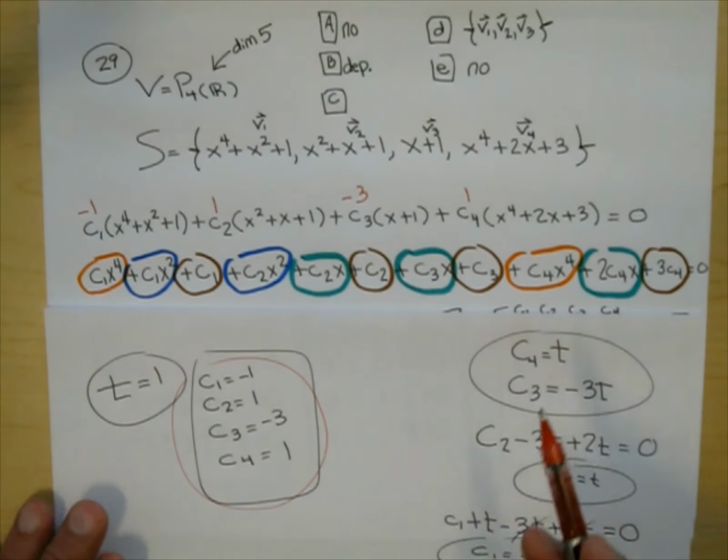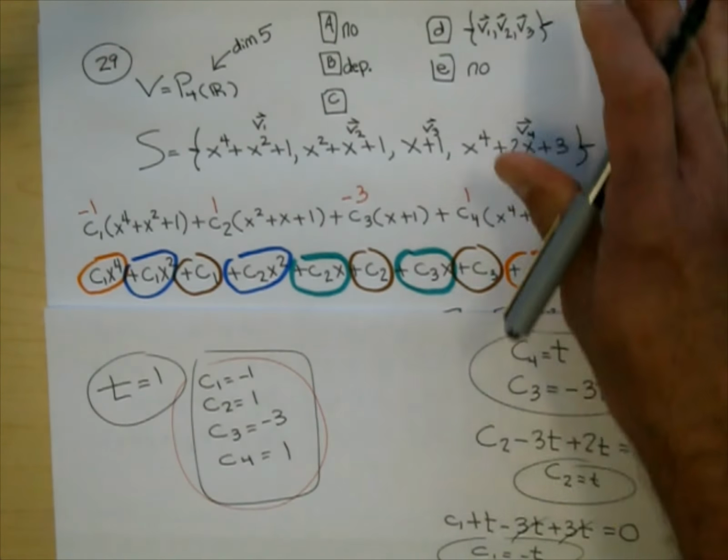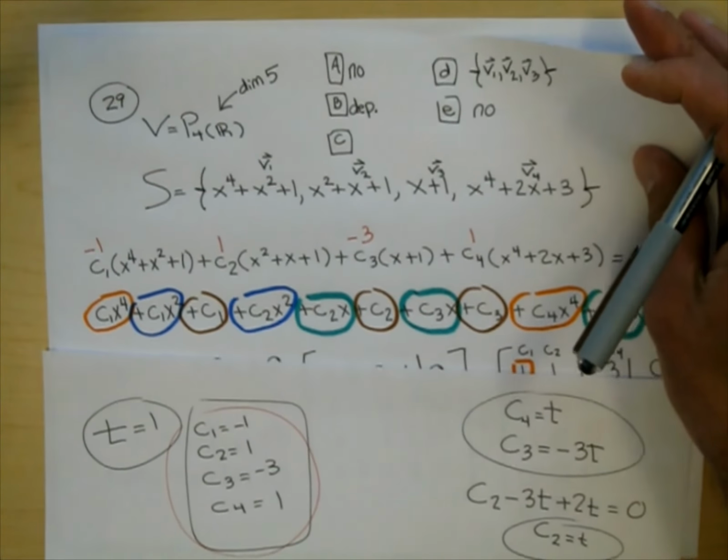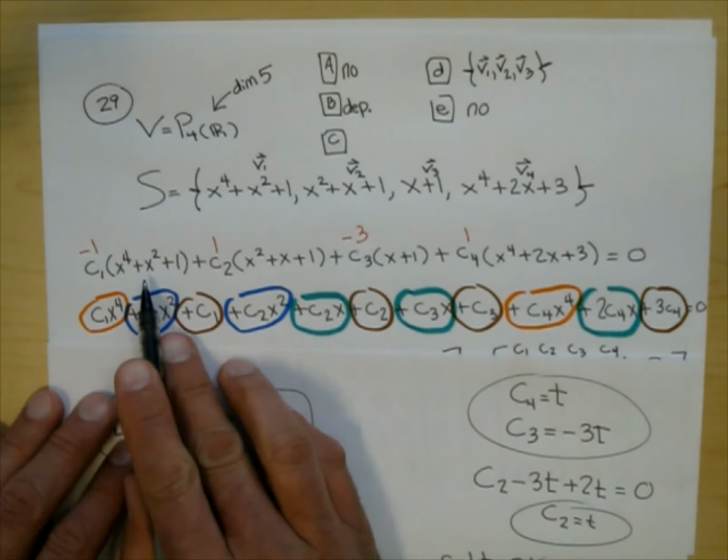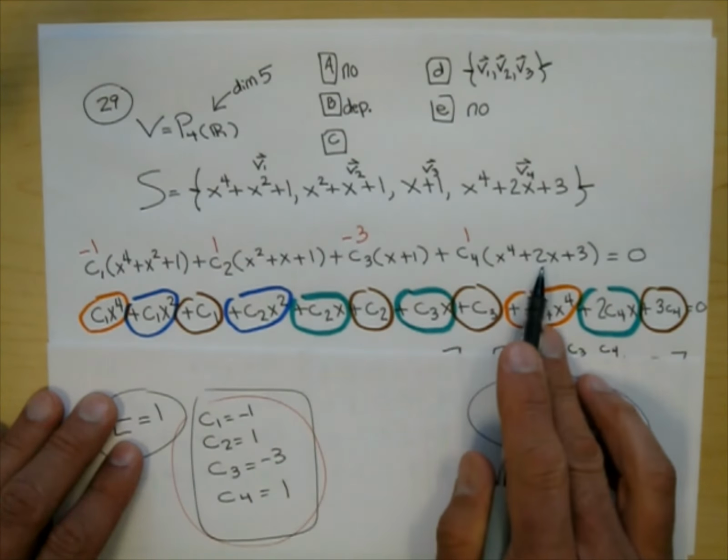Okay, so what does this mean? This means we can now write our dependency relationship. I've already labeled these vectors V1, V2, V3, V4.